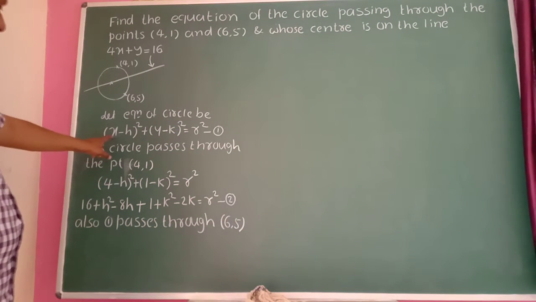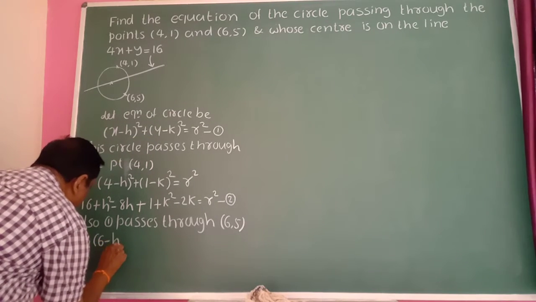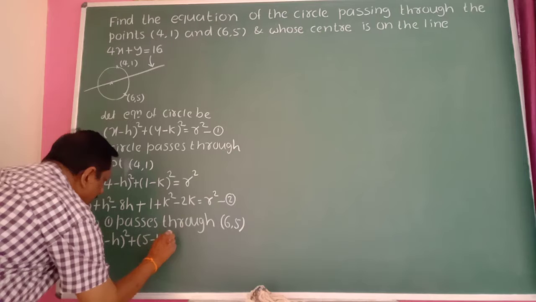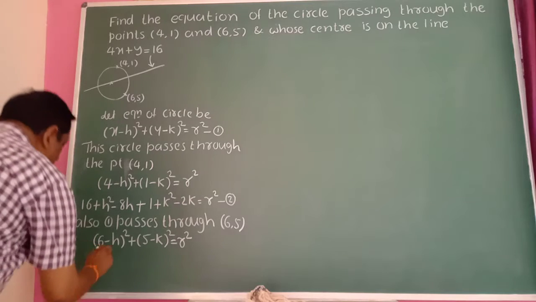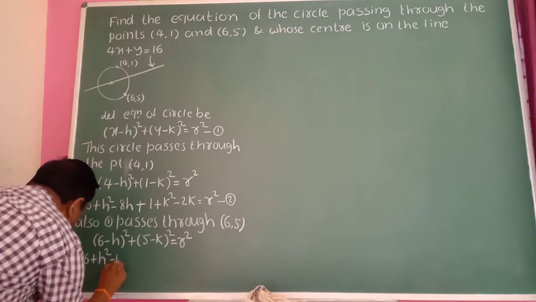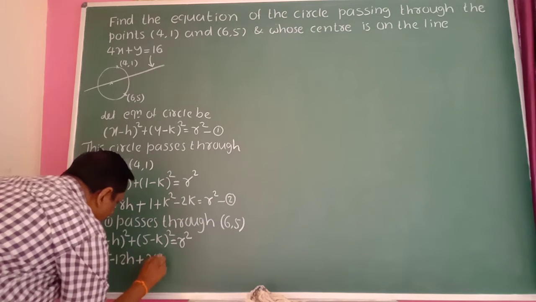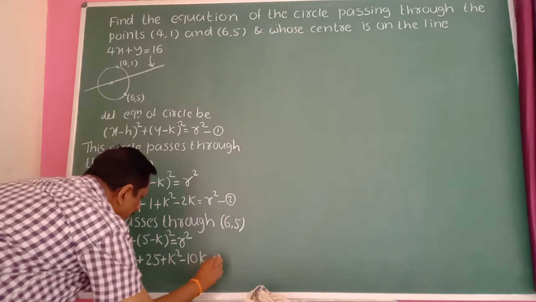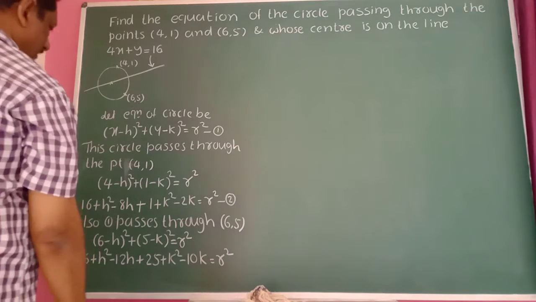So put x value of 6 and y value of 5: (6 - h)² + (5 - k)² = r². Then (6 - h)² is 36 + h² - 12h, then (5 - k)² is 25 + k² - 10k, equal to r². Take this one as equation number 3.